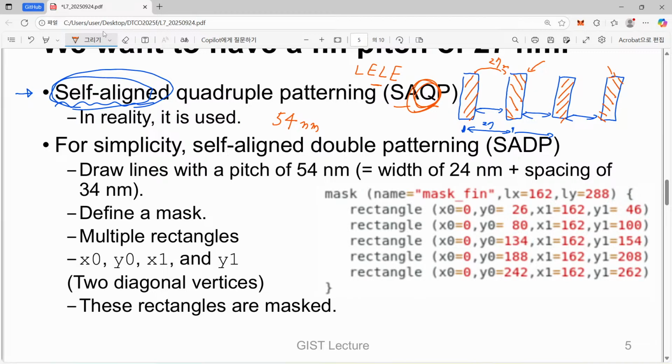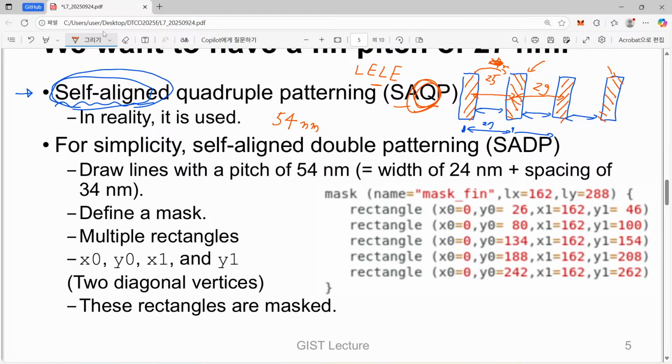So the distance between these two lines becomes, unfortunately, 25 nanometer. Then what will happen? The distance between these lines becomes 25, but the pitch between these two lines becomes just 29. Because we have just lost 2 nanometer, and that 2 nanometer is added to the other part.